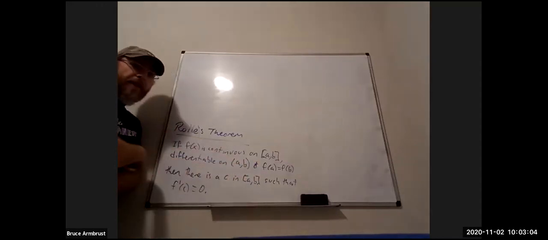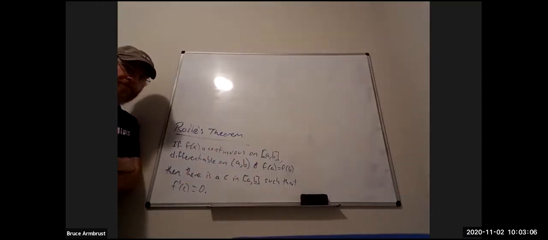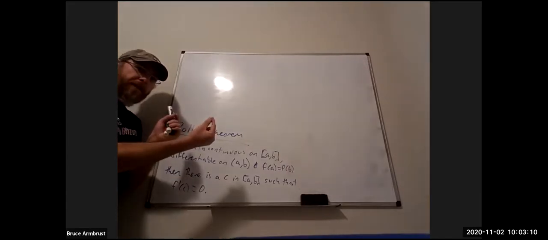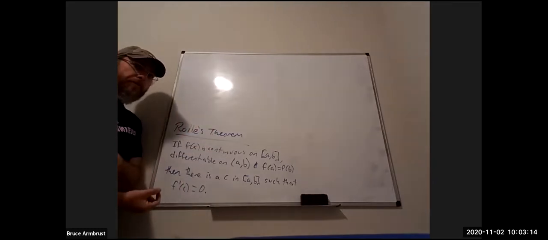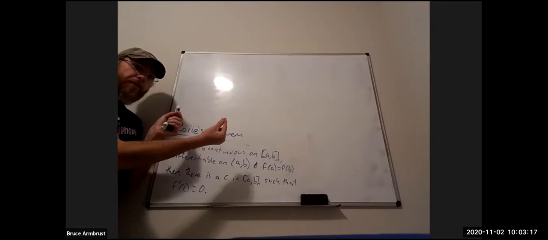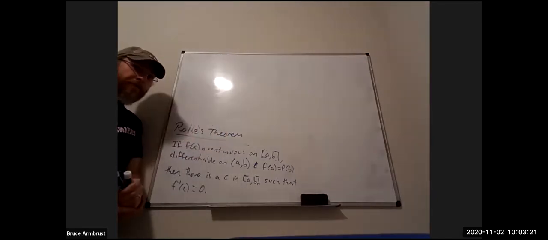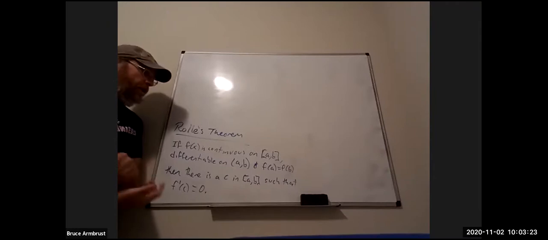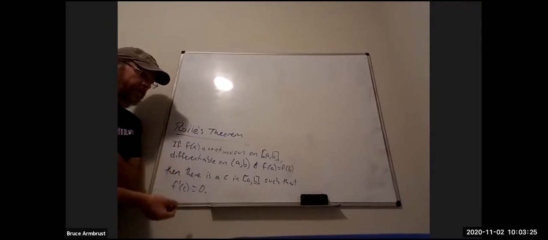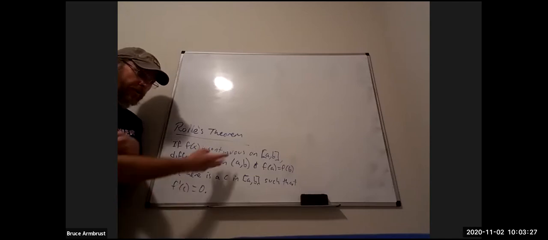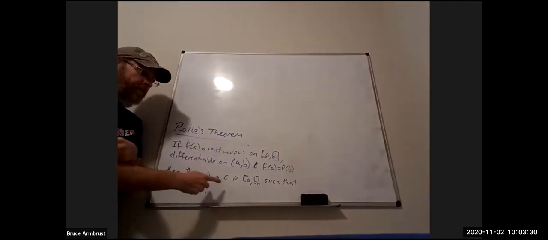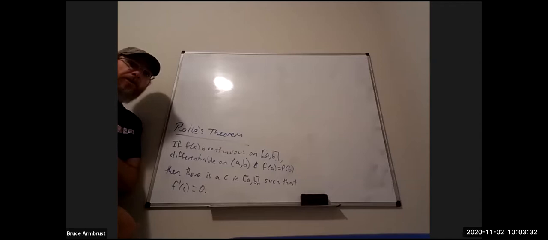And then we need f of A to equal f of B. Well, that just means that those 2 endpoints have the same y value, and then it's nice, continuous, and differentiable in between. Now Rolle's theorem says that if all that stuff is true, then there is a point somewhere in AB where the derivative equals 0.